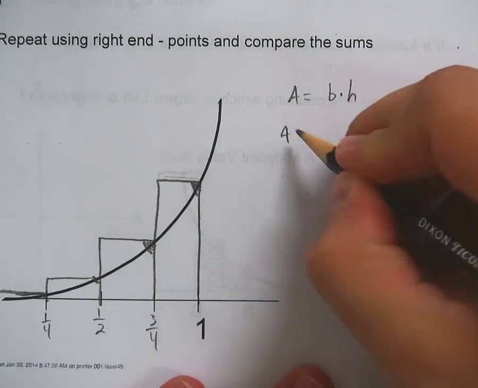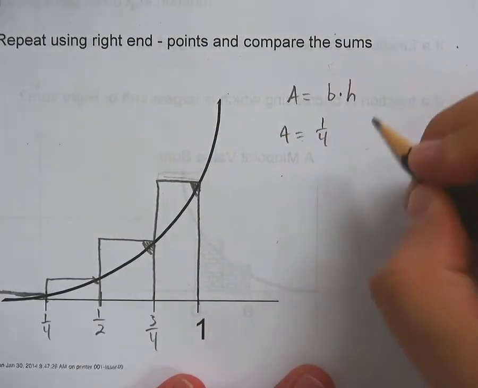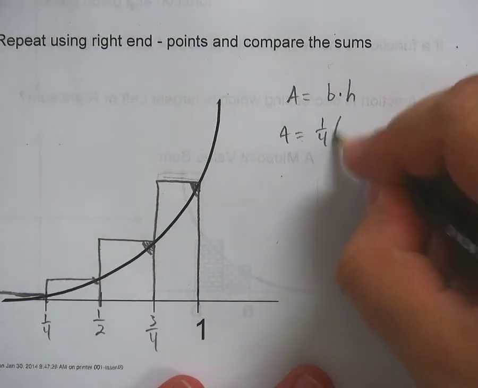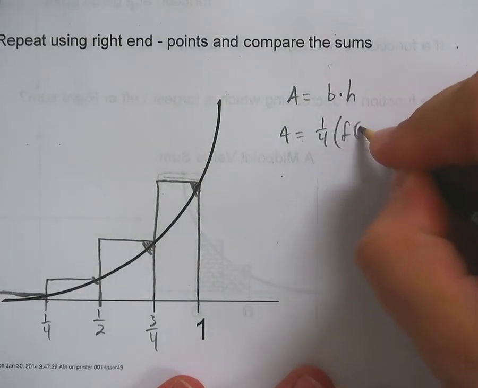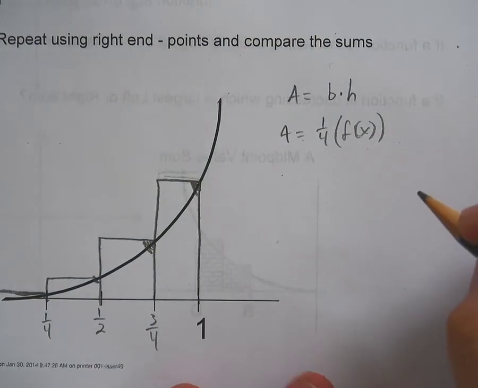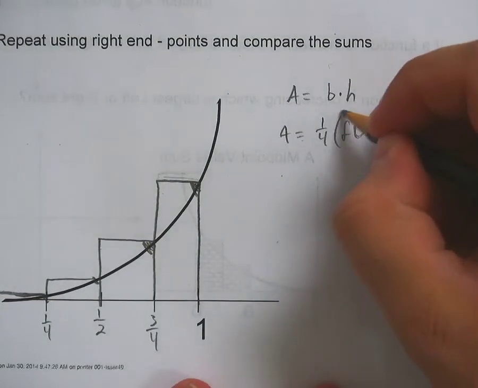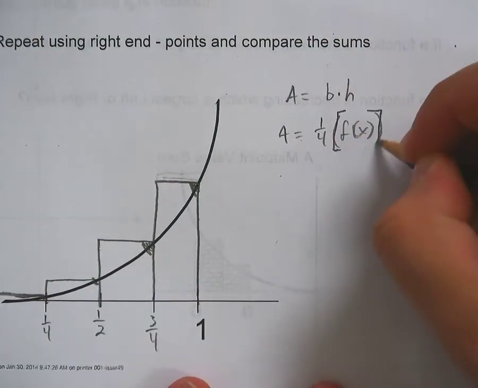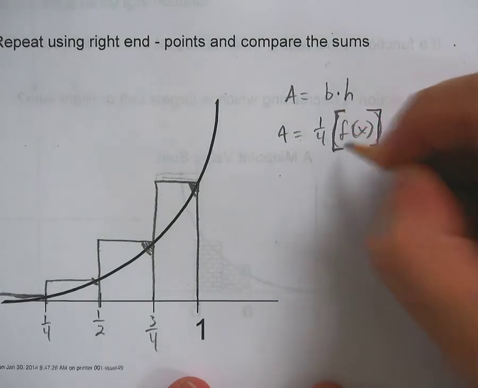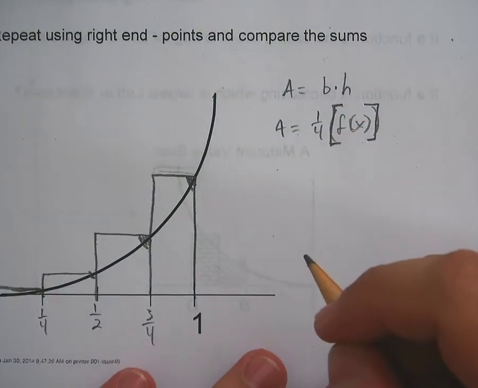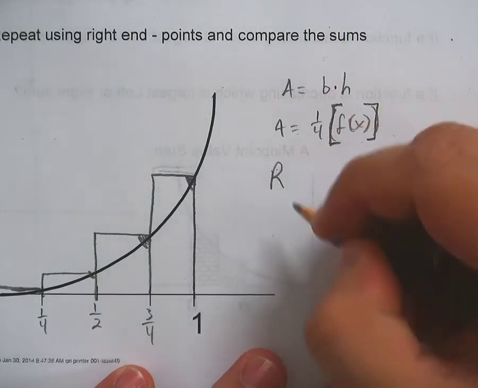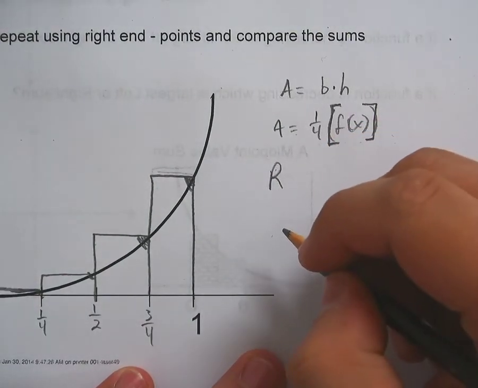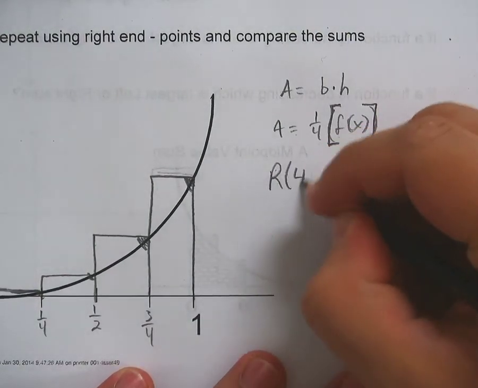So my area, again, my base is 1/4, and my height is f of x. So let's figure out what f of x is, and this should really be in brackets here. Looks better in brackets. Everything looks better in brackets. So we're going to do a right-hand sum. We're using the right-hand points, and we're using 4 blocks.